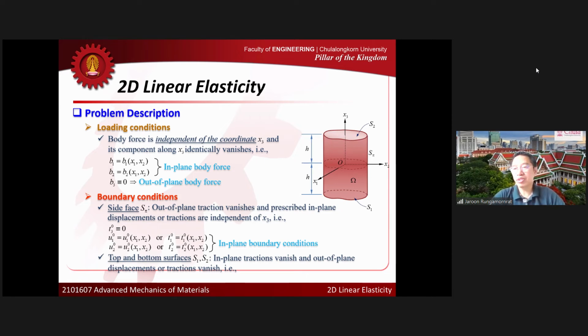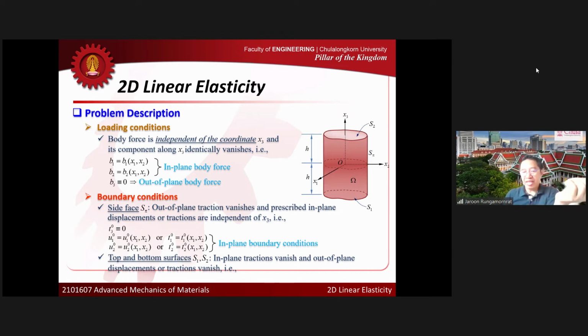How about the out of plane quantity? We have two conditions that we are interested in. The first condition, the traction in the normal direction is 0 too. So the out of plane traction is 0. Or the second case, we look at the out of plane displacement equal to 0.